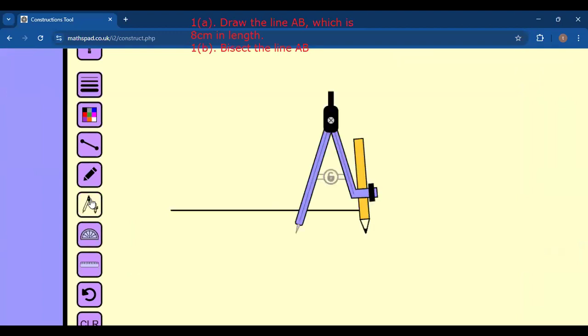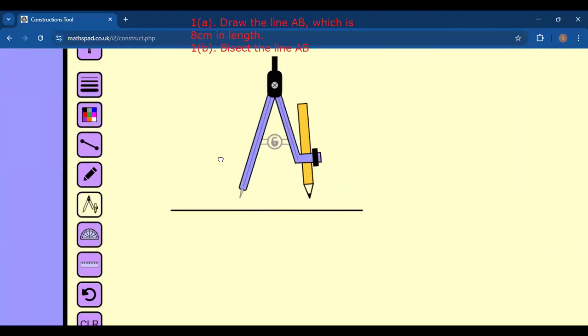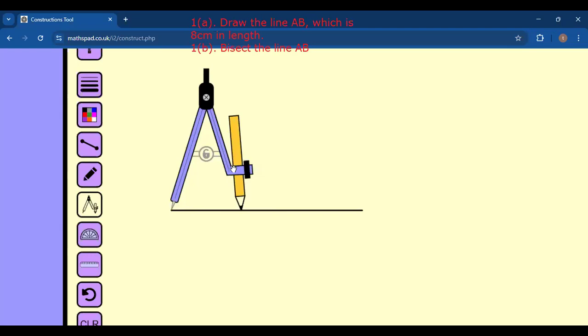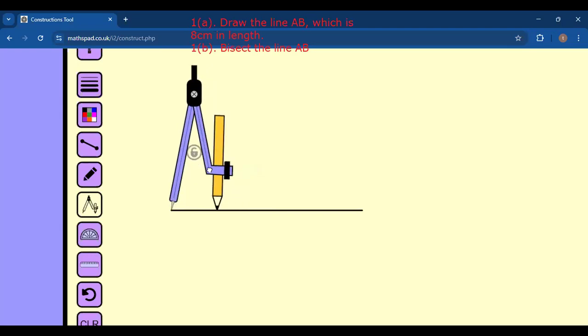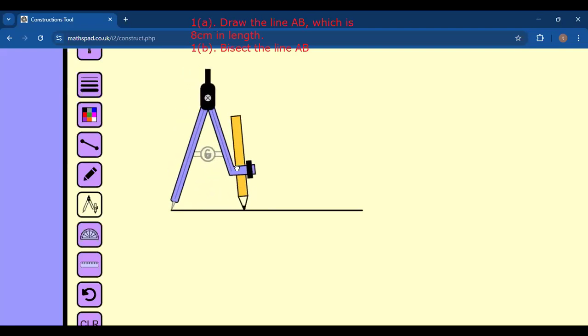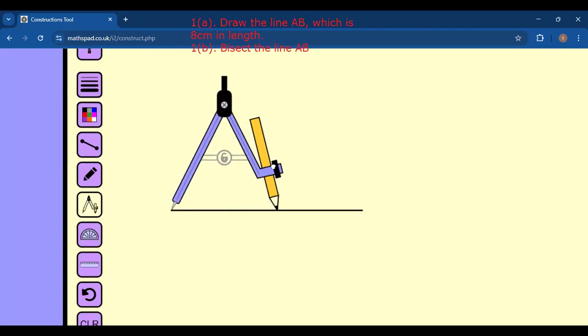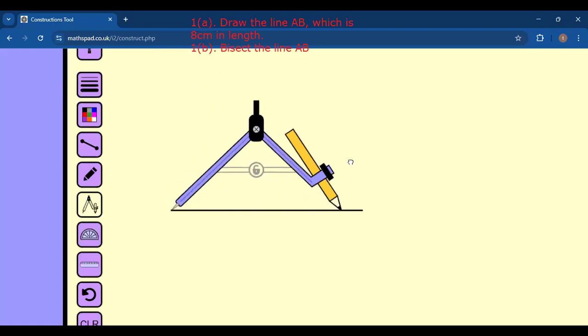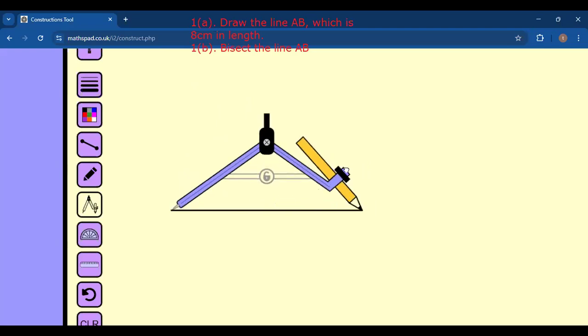All right, at this point, what we're gonna do? We're gonna take our compass. Is the compass gonna be here? No, sir. Go back to the original position.